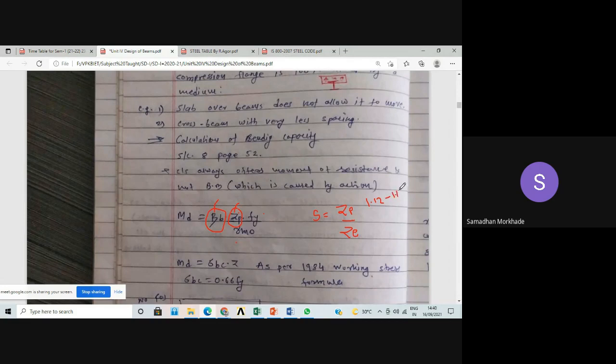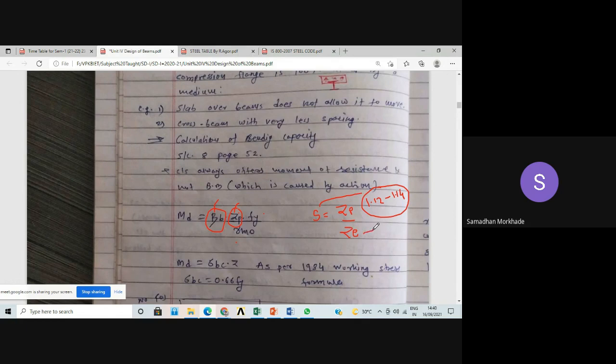This is the general range for I sections. Your shape factor for I sections will not be less than this value and not more than this value. Okay, you just refer. So this value will be constant, 1.12 or 1.14.